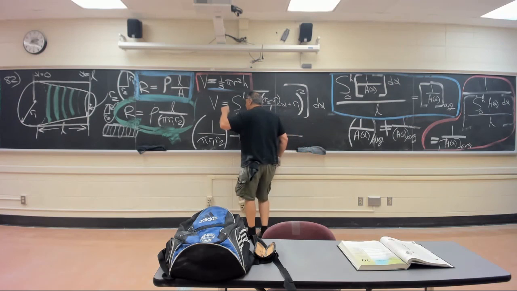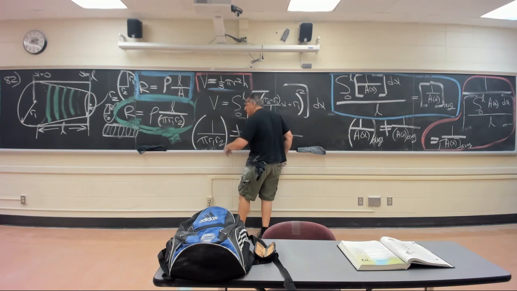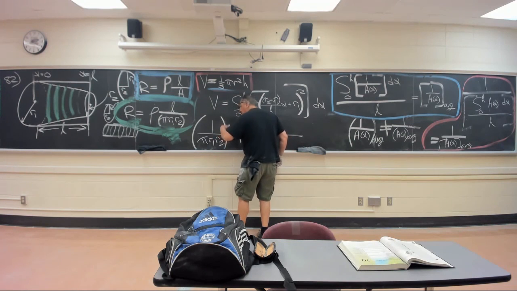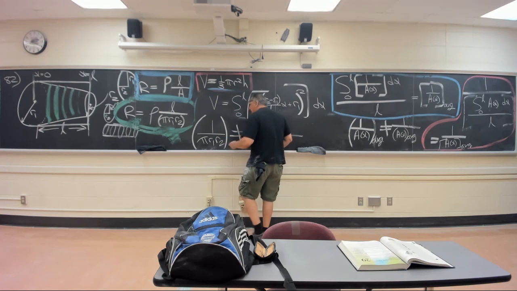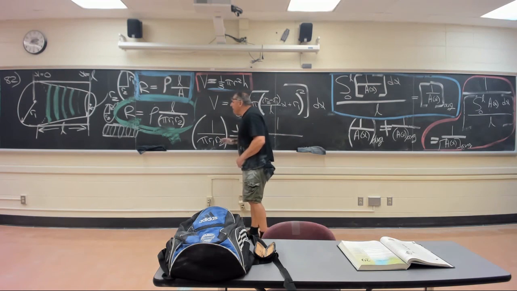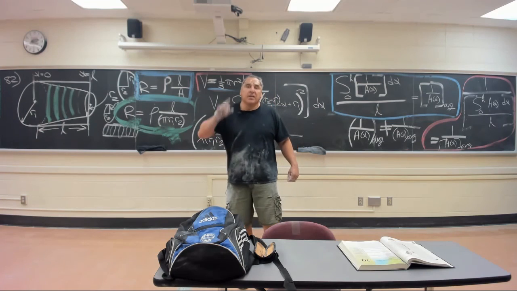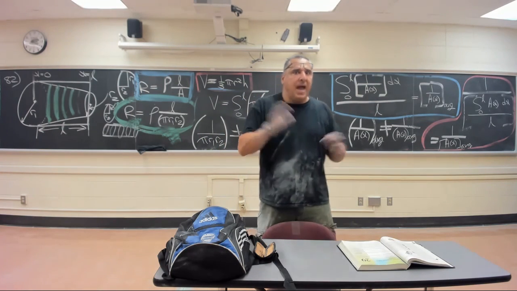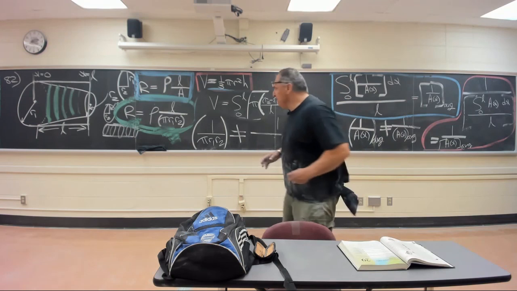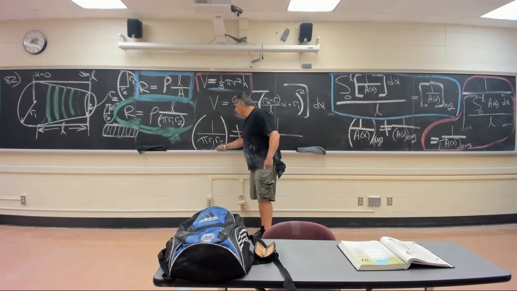Not the average of the A function, not 1 over the average of the A function, but the average of the entire function composed of 1 over A. What is the average of the entire function, the function called 1 over A? 1 over this is the average of the 1 over A function.